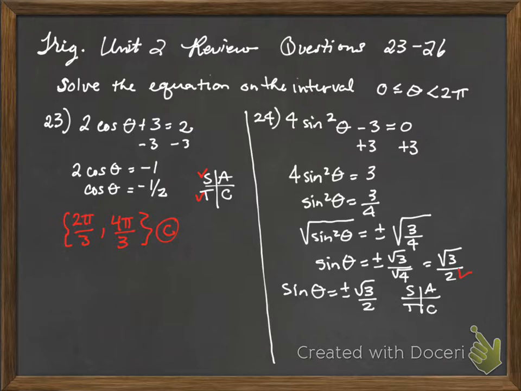Sine is positive in quadrants 1 and 2, and negative in quadrants 3 and 4. So, I need to find where sine theta equals radical 3 over 2, or negative radical 3 over 2. If you use your unit circle, you're going to find the answer is pi over 3, 2 pi over 3, 4 pi over 3, and 5 pi over 3. So those 4 angles will satisfy this equation.